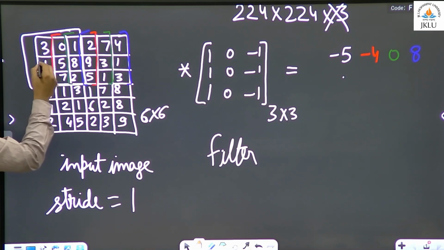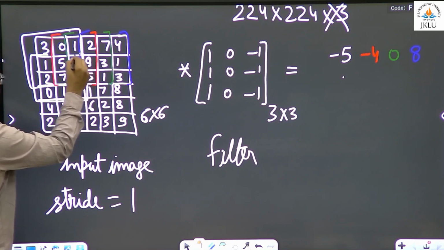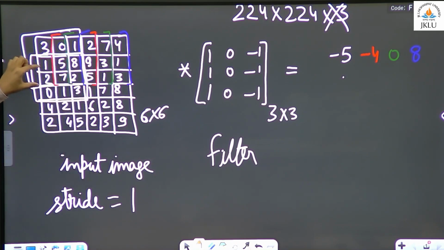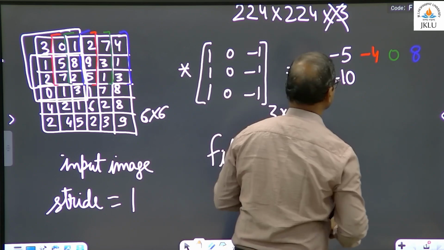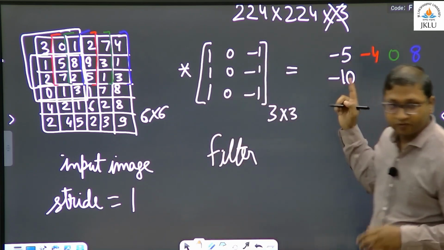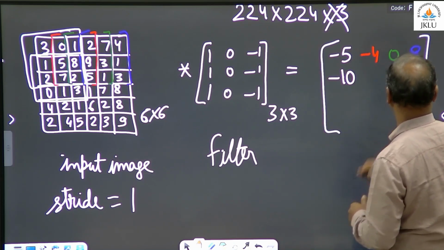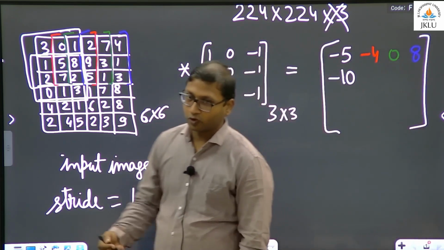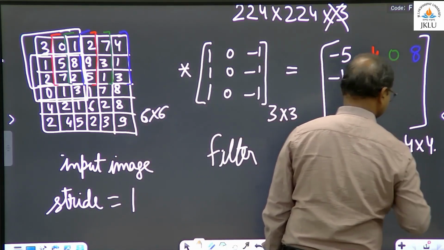You come this side. So this time I am going to talk about this part. 3 minus 13 gives you minus 10. What will be the size of my output? 4 cross 4.